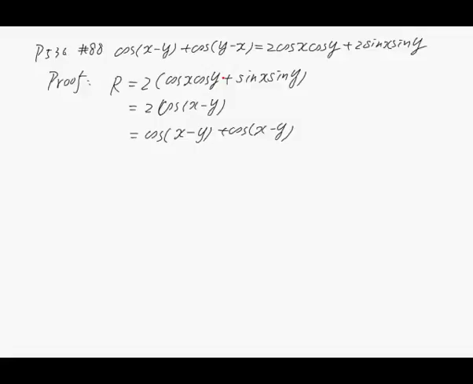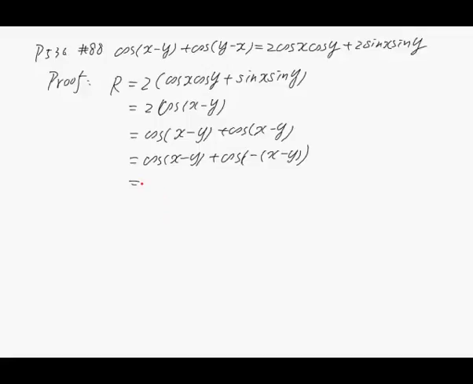But actually, cosine is an even function, so this part is the same as the cosine of the negative of x minus y, right?